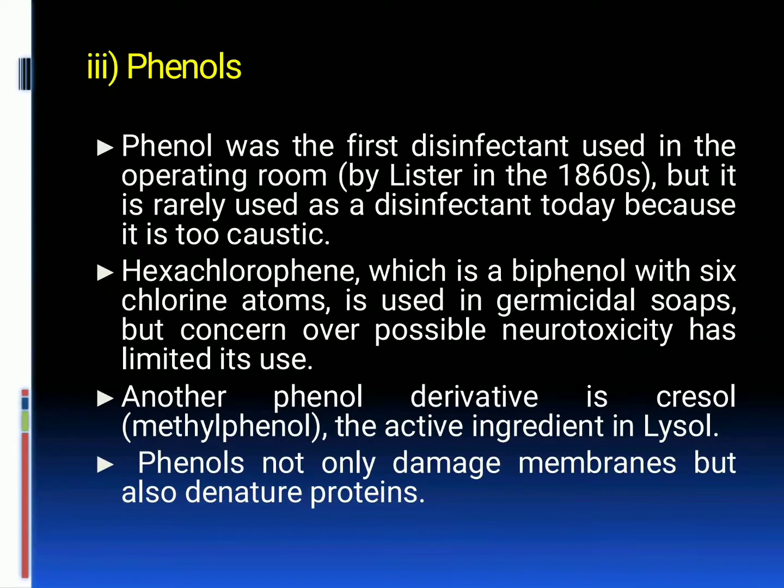Third one, phenol. Phenol was the first disinfectant used in the operating room, by Lister in 1860, but it is rarely used as a disinfectant today because it is too caustic. Hexachlorophene, which is a biphenyl with six chlorine atoms, is used in germicidal soap, but there is concern over possible neurotoxicity, so its use is limited.